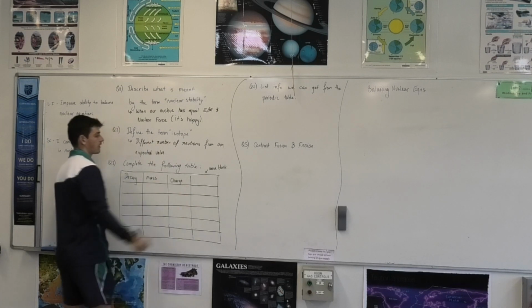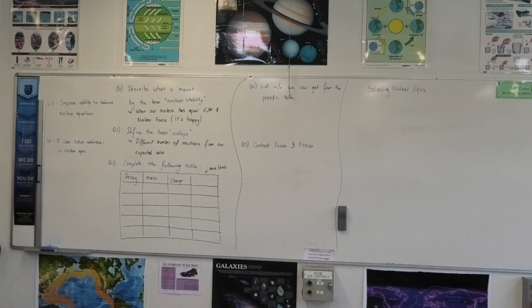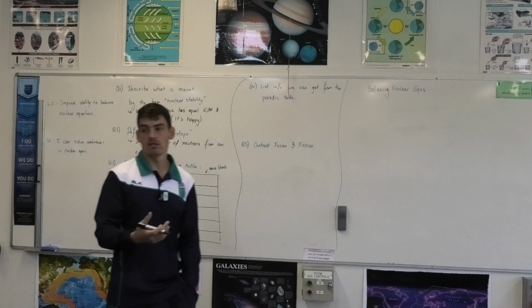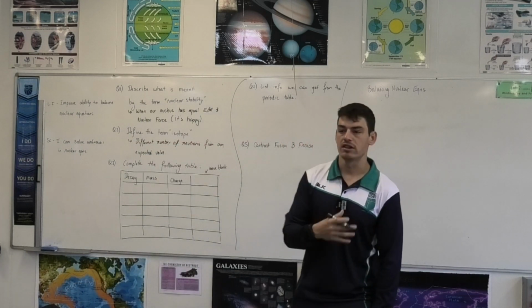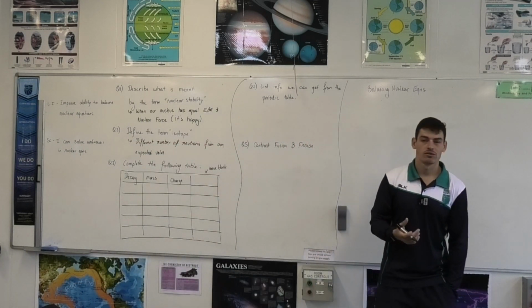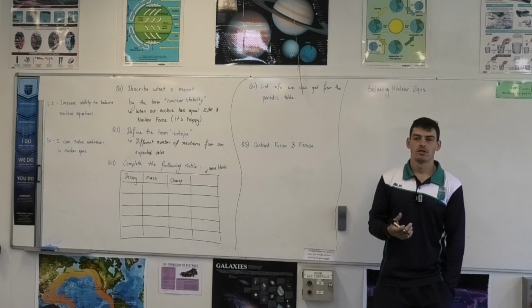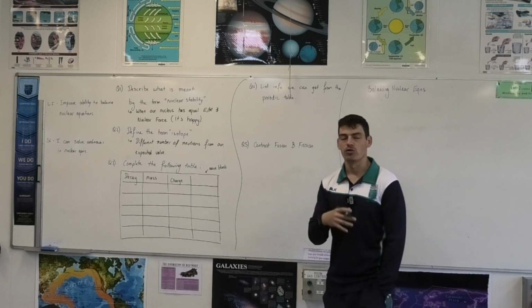What do you reckon our expected value would be for our neutrons? Do you think that's a stable or an unstable atom? It's like carbon 12. See, the number we expect is 12, correct? Yeah. Does that sound like a stable or an unstable amount of neutrons? Well, 12 neutrons make it unstable, basically. Sorry, not 12 neutrons, 12 things in the nucleus.